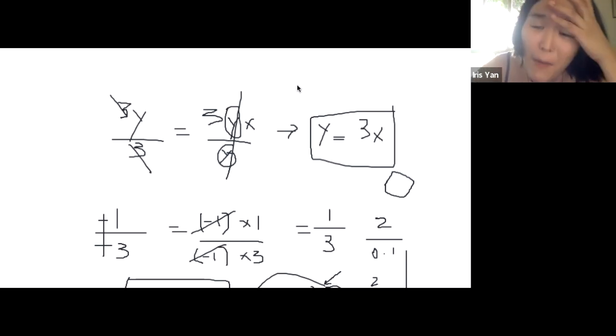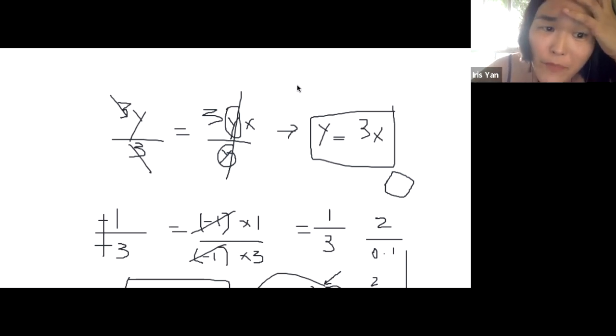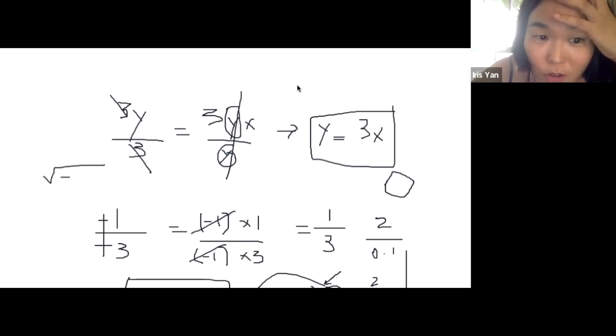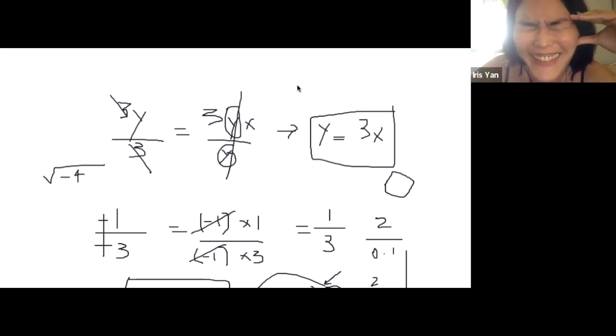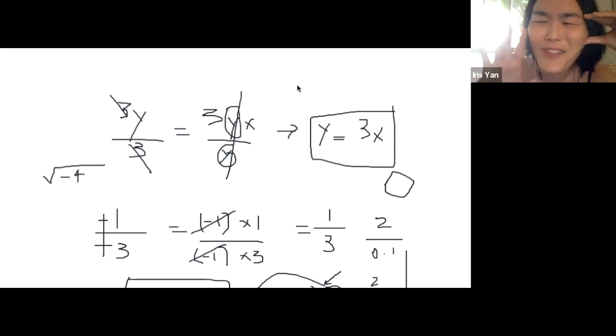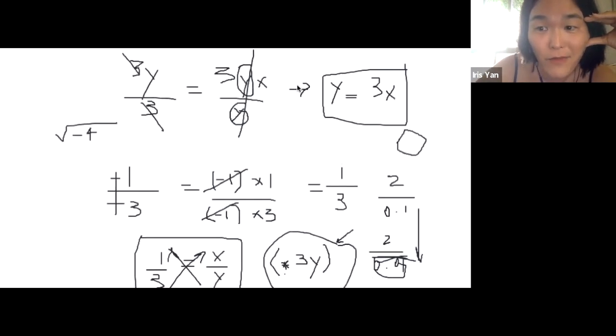Also, a square root of a negative number is not a real number. That's called imaginary numbers. I don't want to go into that, it's not algebra anymore. Mathematicians have an answer for that, but it's not a real number because any number you multiply by itself is always going to be positive.